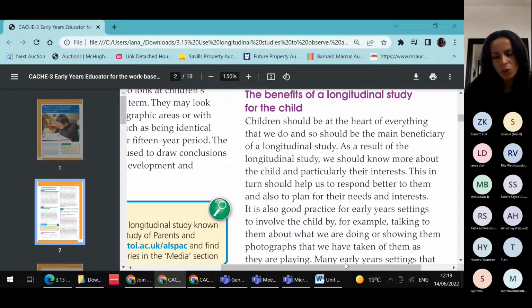progress and development. So by doing the longitudinal studies and the results we can get from it, we should know more about the child and particularly their interests, what they like, what they don't like, how they like to do things. And in time this will help us to respond better to them.